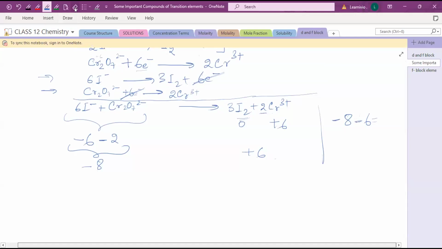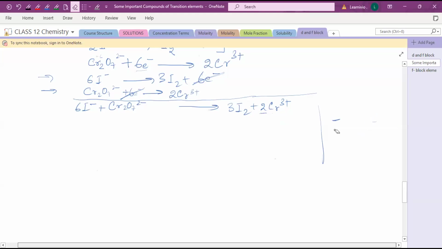What you are supposed to do at last: first add the charges on the right side as well as on the left side, and when you combine them you get some number. Here you get a difference of 14.